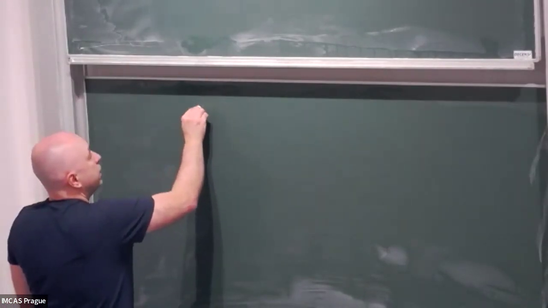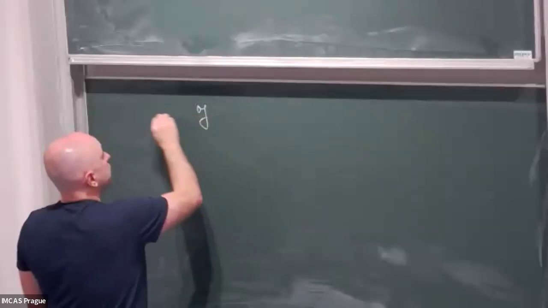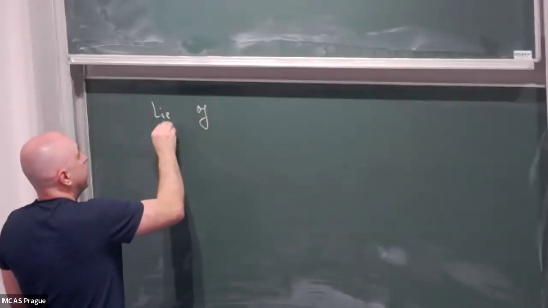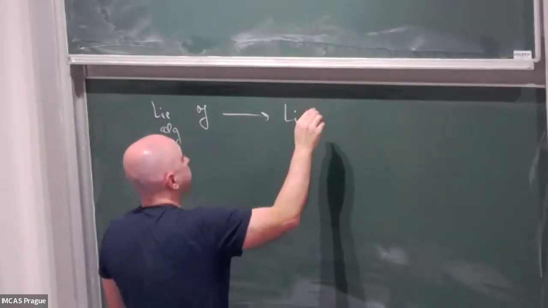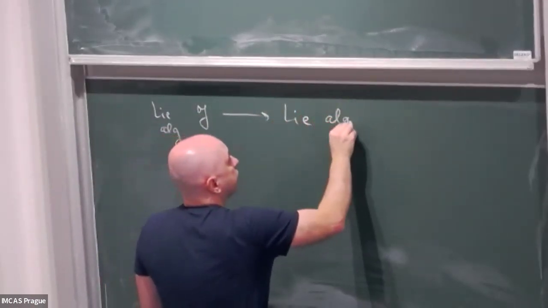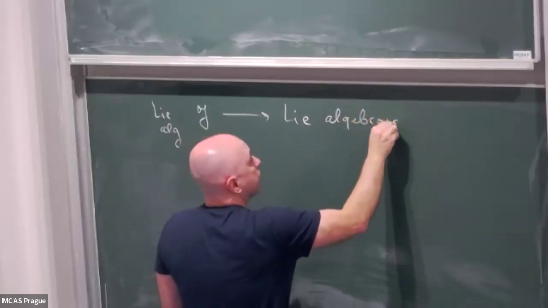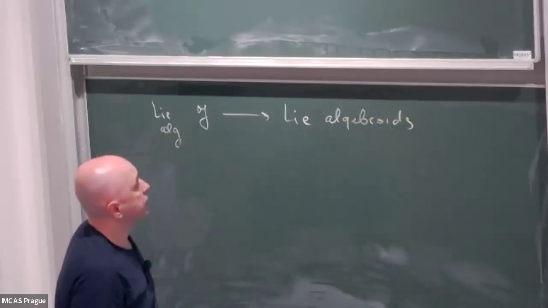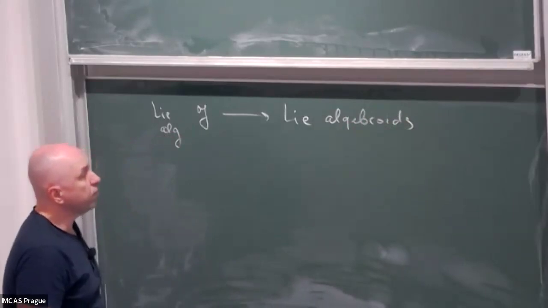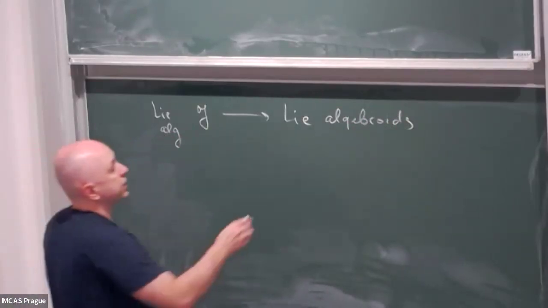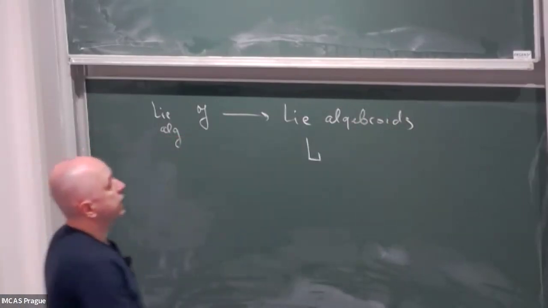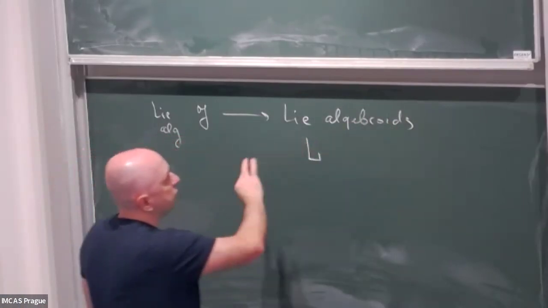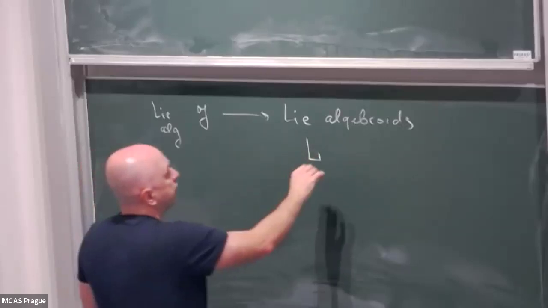So now we switch from Lie algebras to Lie algebroids, or in general, Lie-Rinehart pairs. A Lie algebroid, let's call this L. So a Lie-Rinehart pair is the one which generalizes this.